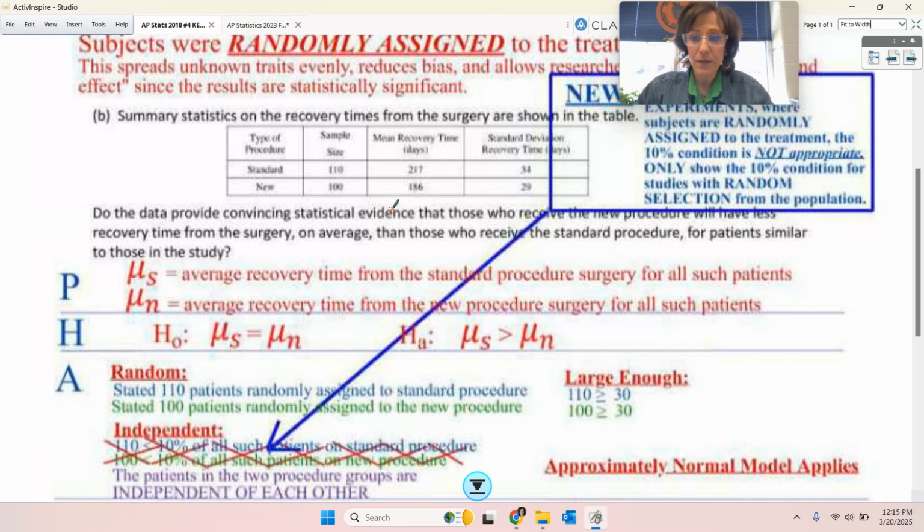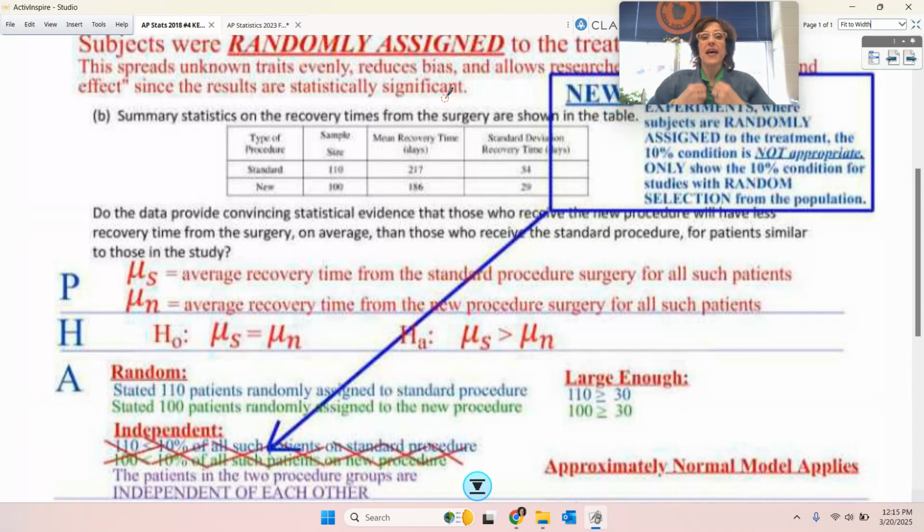So that is giving me the information that we're going to do a hypothesis test. Okay? So is there statistical evidence that those who receive the new procedure have less recovery time on average than those who receive the standard procedure? All right.